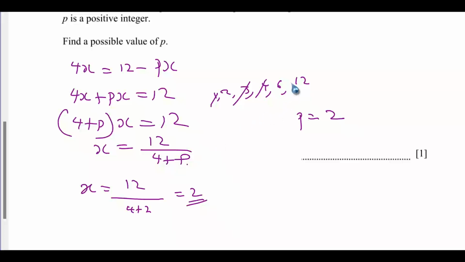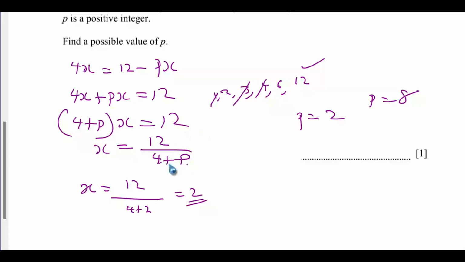Okay, so if you say you want to get 6, we have done that. That's the same thing as 2. 4 plus 6 will be 10, which is not possible. So another one will be 8. 4 plus 8, that will be 12, which will give us this. So that means p can also be 8.